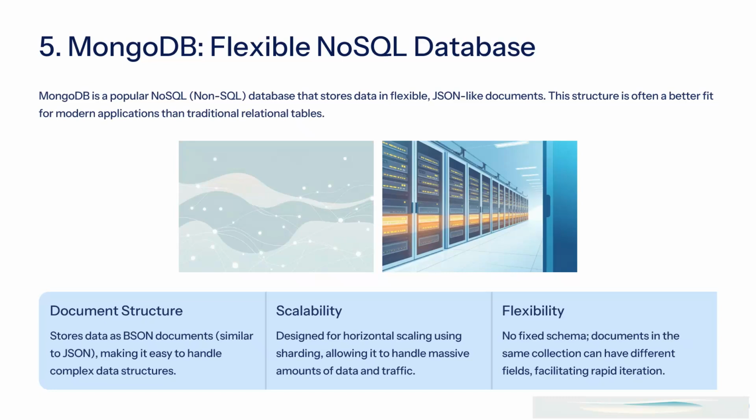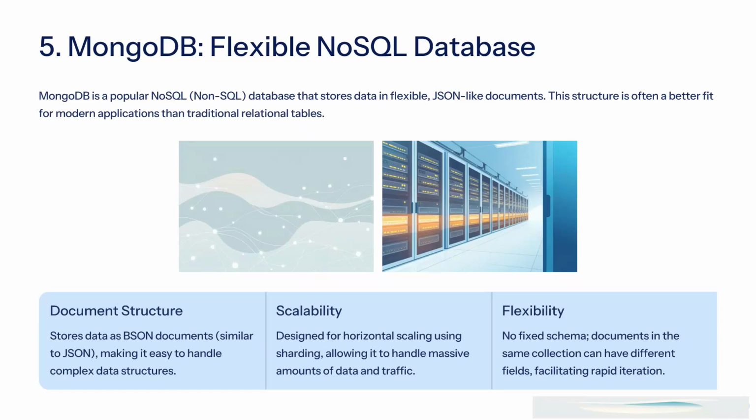Now let's go on to the key features of MongoDB. We have the document structure. This stores data in JSON format, making it easy to handle complex data structures.